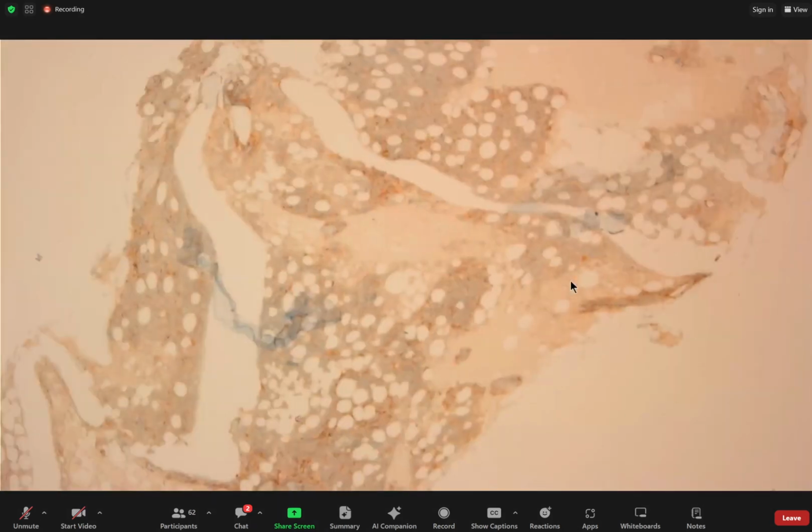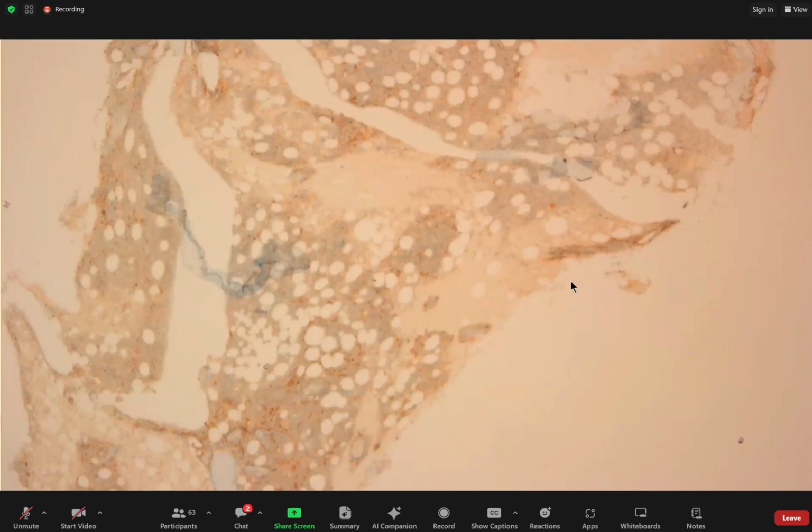And the abnormal population is CD5 negative. Sorry, this is CD10. Okay, they are CD5 negative.